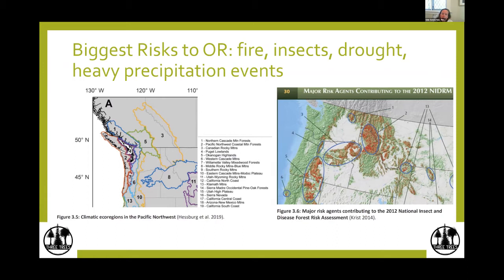Now, the risk of all of these really does depend on specific ecozones and specific areas. So even in eastern Oregon, where there are generally drier conditions and longer fire intervals, there is a different zone and a different risk of fire intervals depending on where you are in the mountains and your elevation.